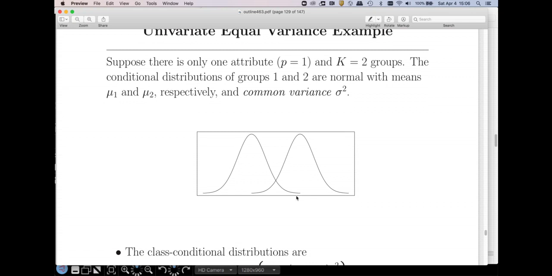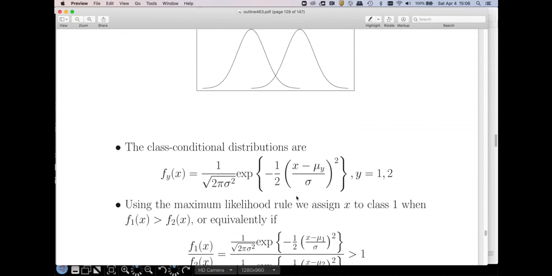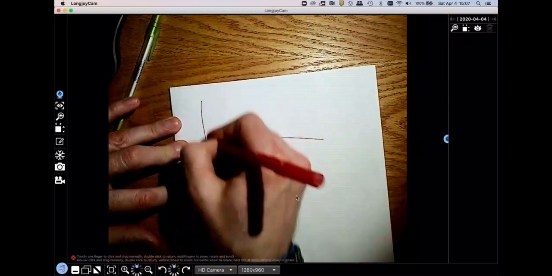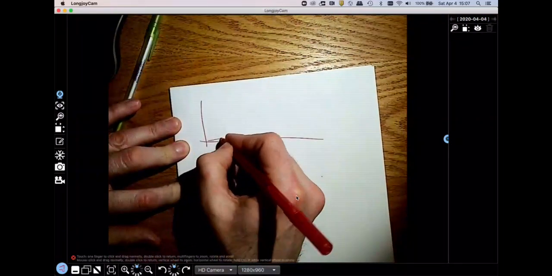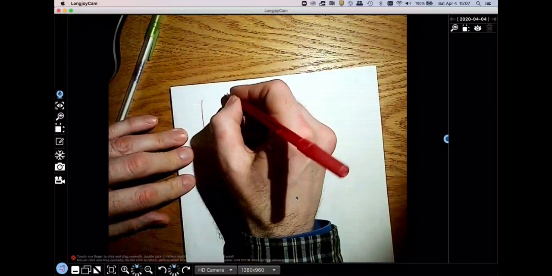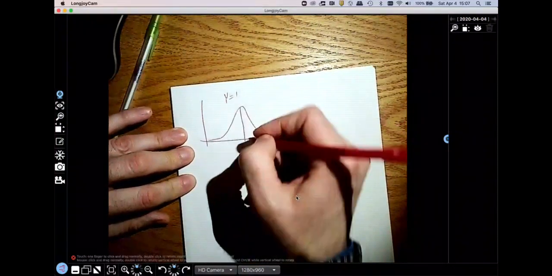So why don't we go back and draw ourselves a fresh picture of this. And so this is what my picture is going to look like. It's basically the same picture I had before. So this is my y equal to 1 distribution. Call that mu1.